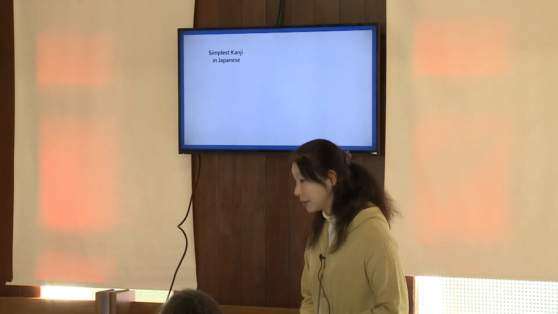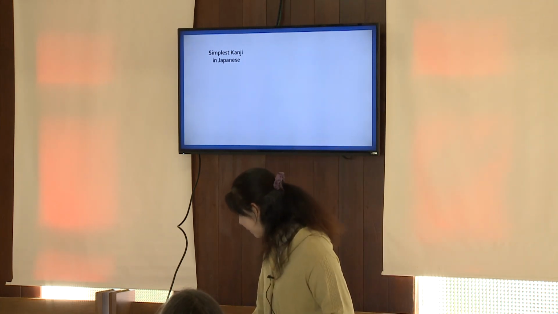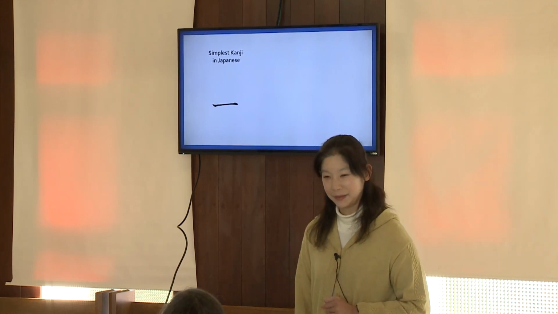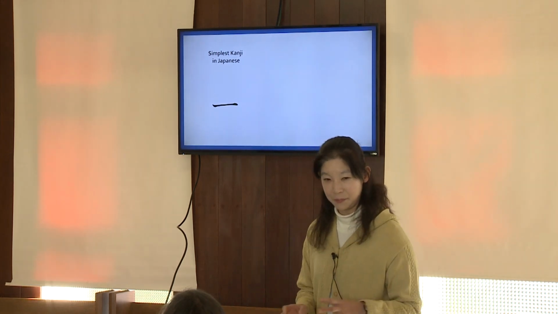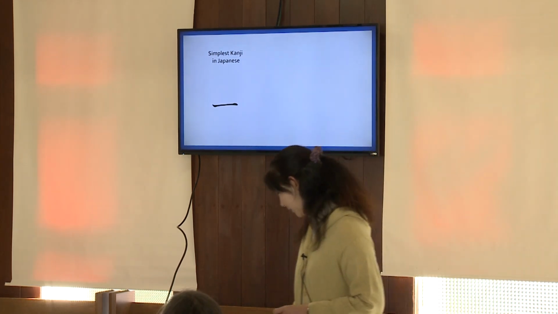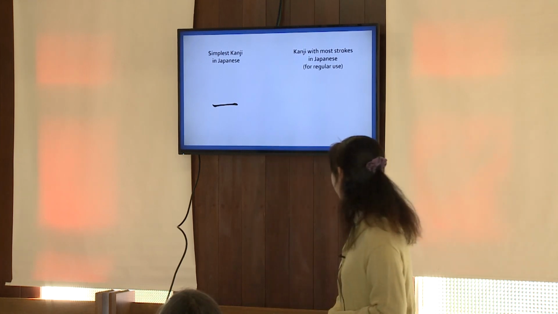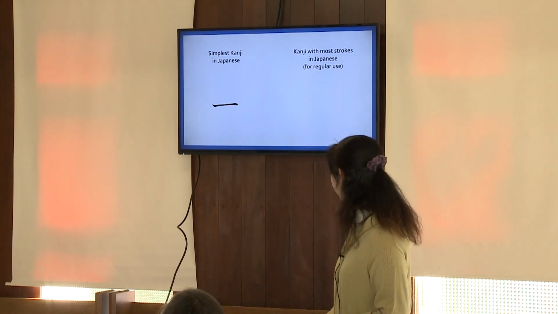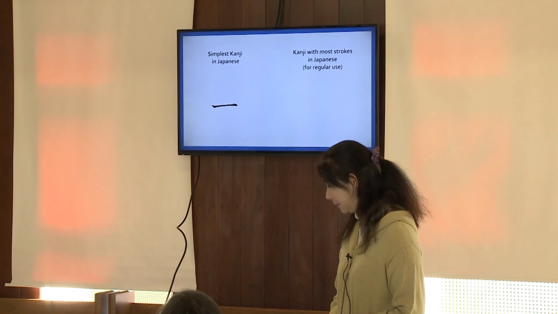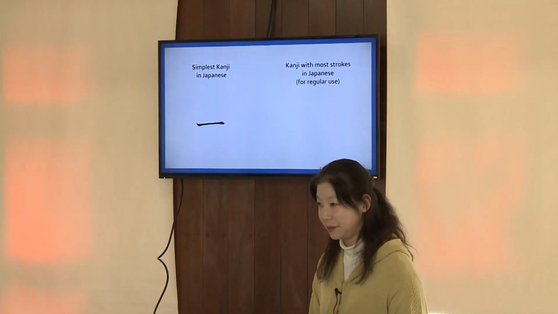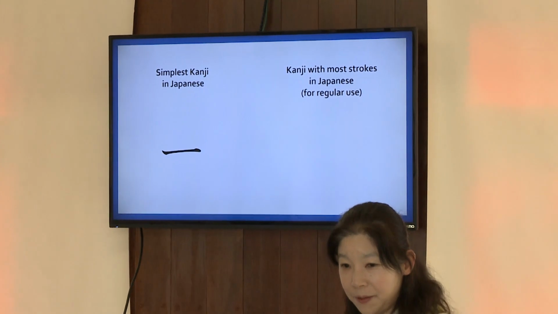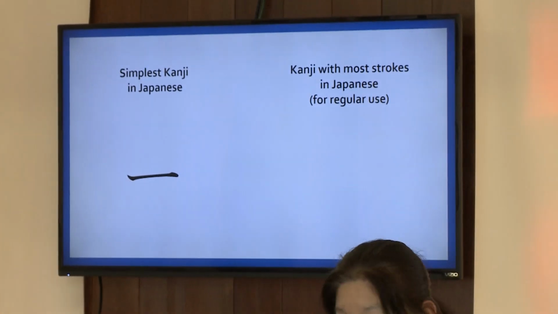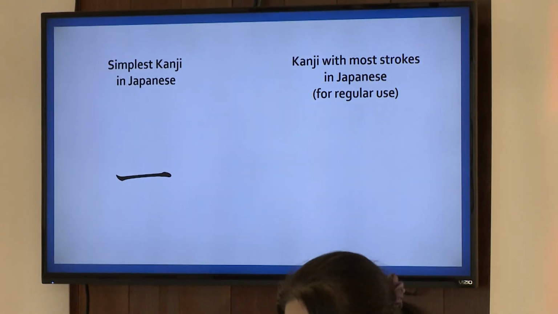The simplest character is this one. Actually it means one. So one line, meaning one. And the kanji with the most strokes in Japanese for regular use. There are 5,000 kanji in Japanese, or more than 5,000.